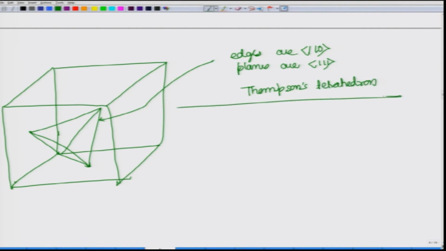So, there is a model which has been made using this Thomson tetrahedron, which very nicely explains all these edges and directions.